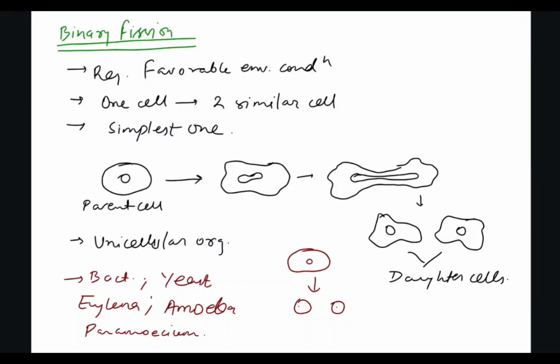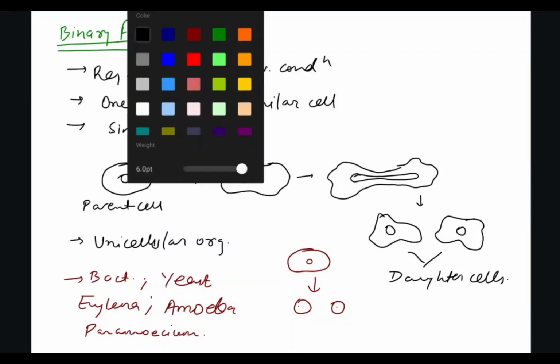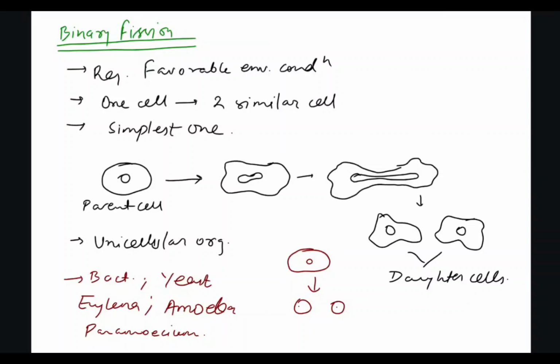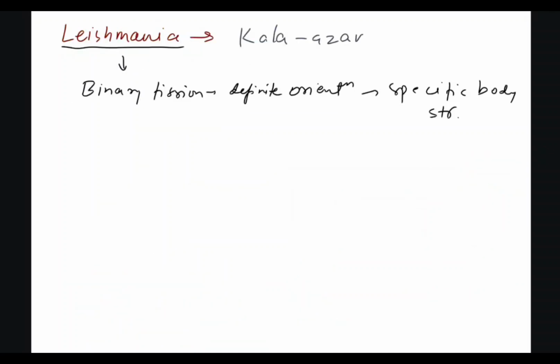In the first slide, I think I told you, when there is a specific stress, the nucleus divides first, and upon division there will be two nuclei. Then it will divide into two daughter cells, right? So Leishmania is one very distinguished example.